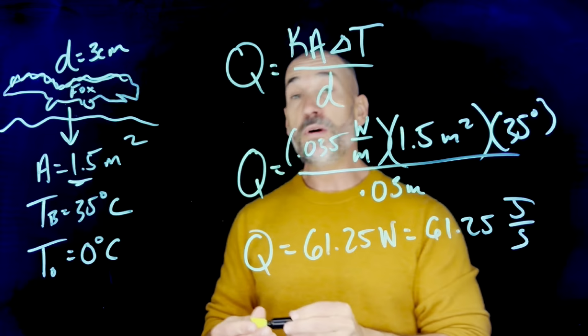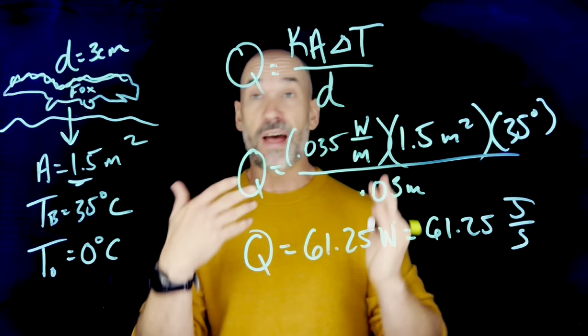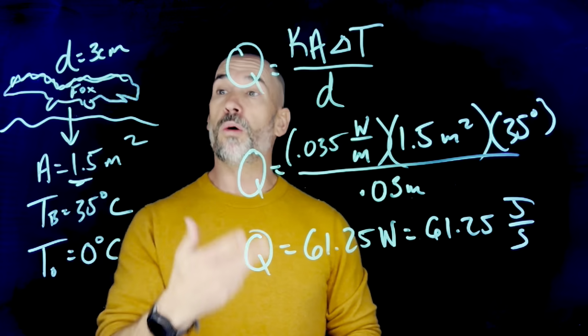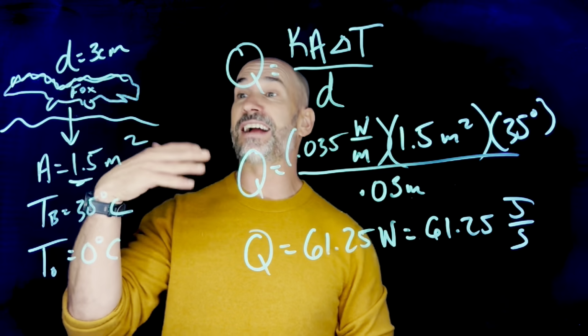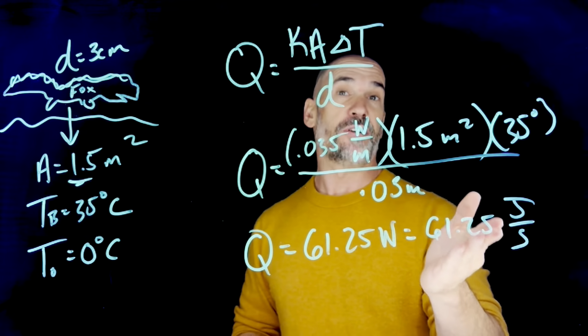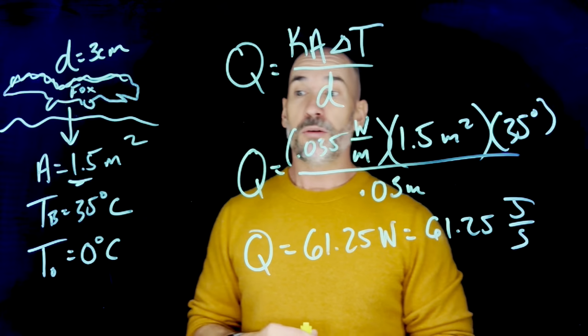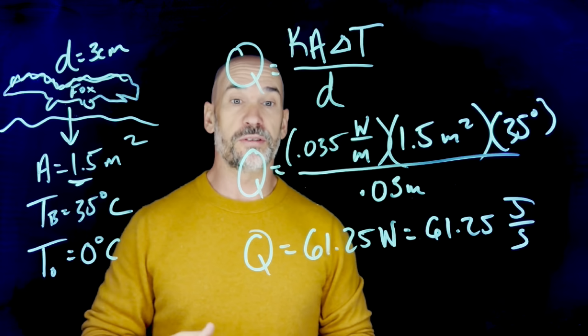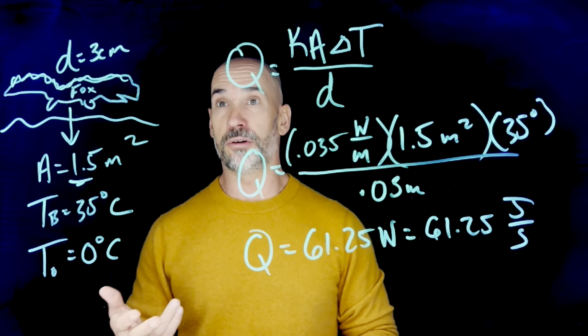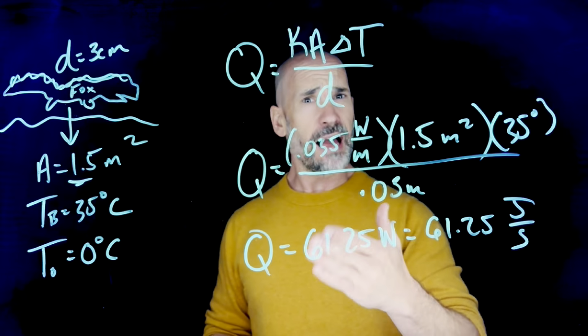Now, if we want to make this valuable to us in terms of knowing what the nutrition of this fox needs to be, this is not very helpful, because we don't usually think of food in terms of joules per second. We usually think of food in terms of the amount of calories we need to eat per hour or per day. How do we convert this?